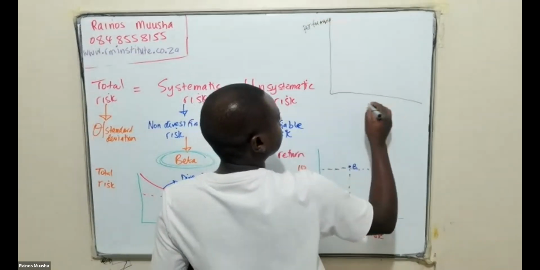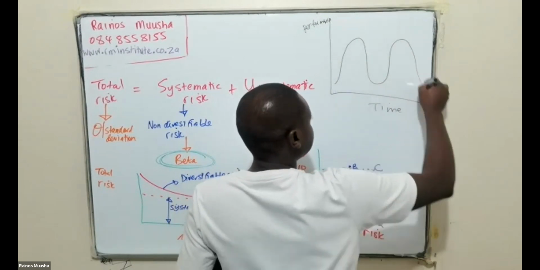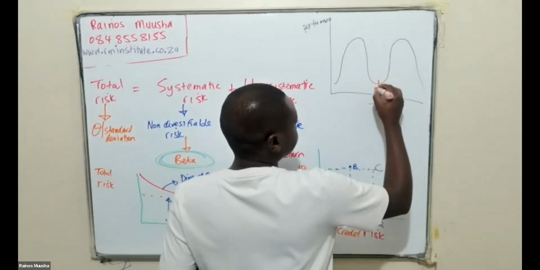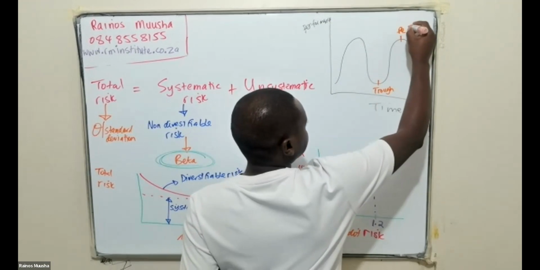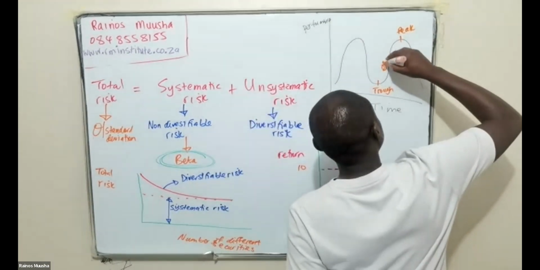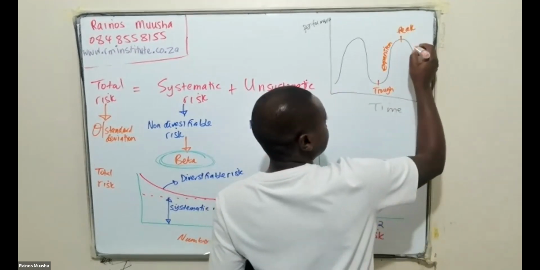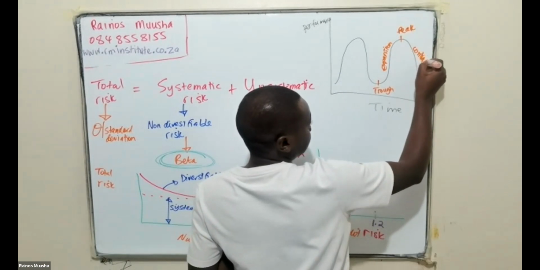The economy moves in different cycles over the years. Looking at economic performance over time, here the economy is experiencing a trough, and here the economy is experiencing a peak, and this is where the economy is expanding. So this is the expansionary phase, and this is the point where the economy is in a contractionary phase.